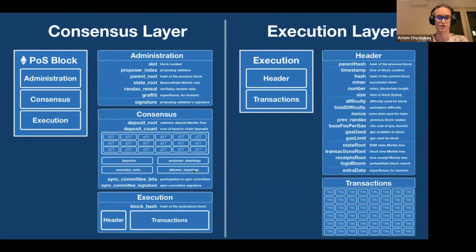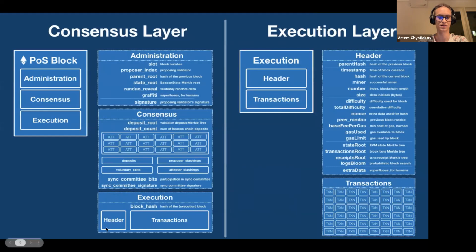And slashings, like another type of slashings. Yeah, and also some information about committees, which are how the validators are aggregated to attest for each block.